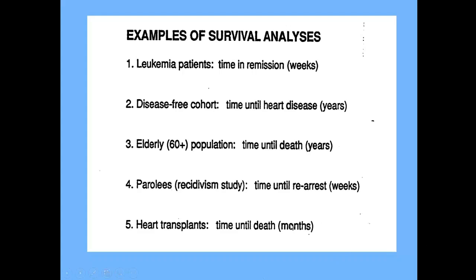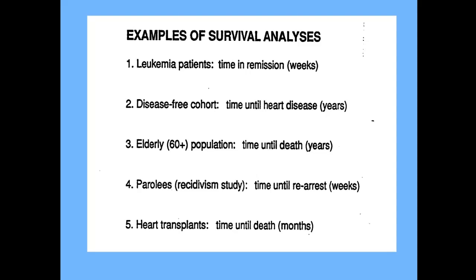And then, of course, another example that we're going to talk about a couple of weeks from now is heart transplants. Time until death. You have people who have a serious heart problem, and they become eligible to be put on a list to get a heart transplant.